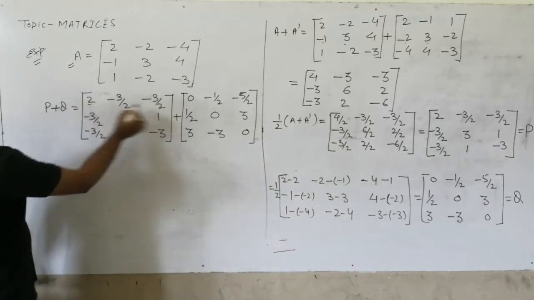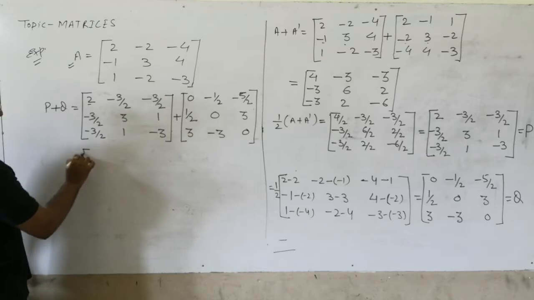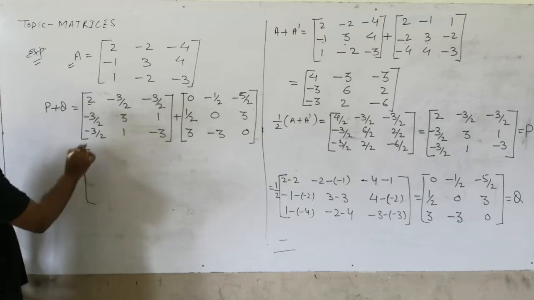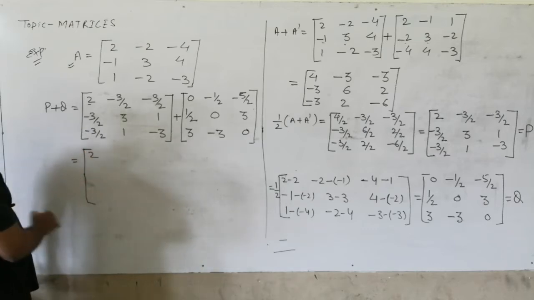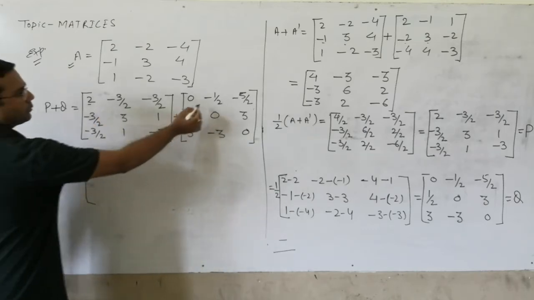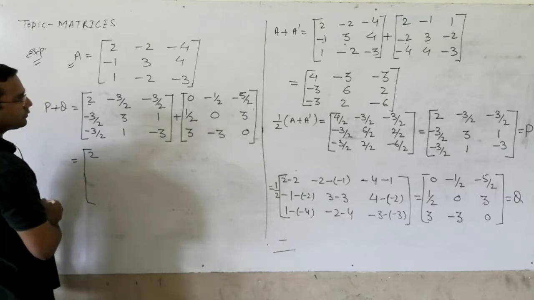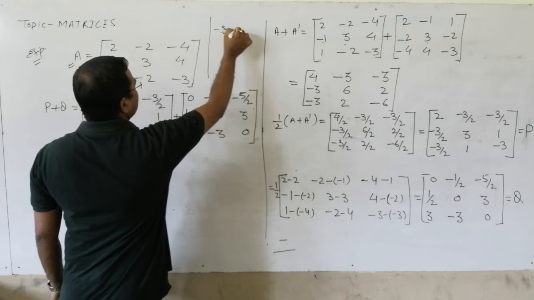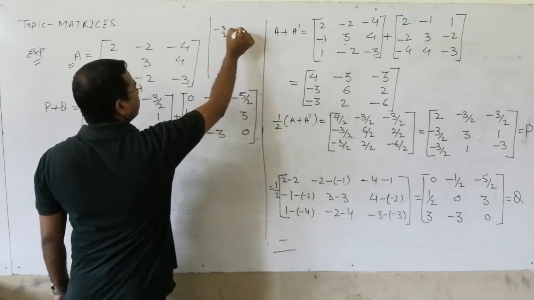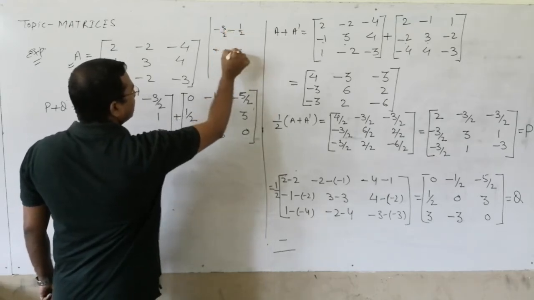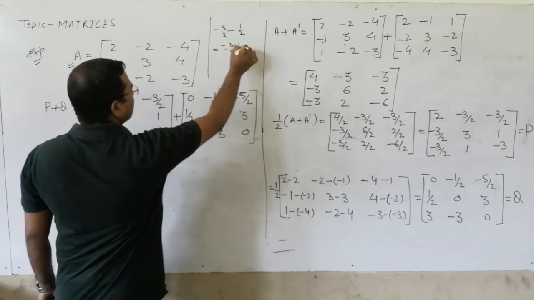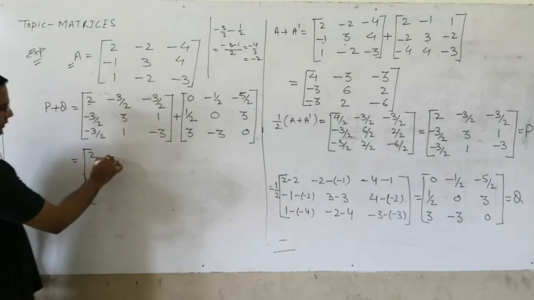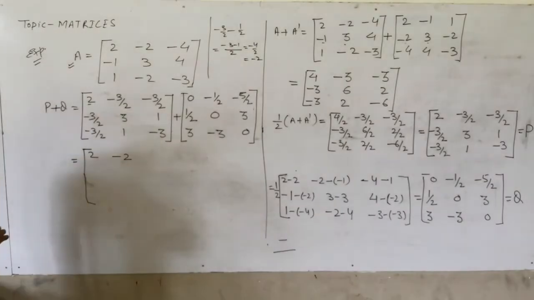You will add 2 plus 0, it is 2. Minus 3 by 2 plus minus 1 by 2. Children, how will you add these? Minus 3 by 2 and plus minus 1 by 2, you will be getting minus 3 minus 1, minus 4 by 2, means we are getting minus 2. So this is minus 2.